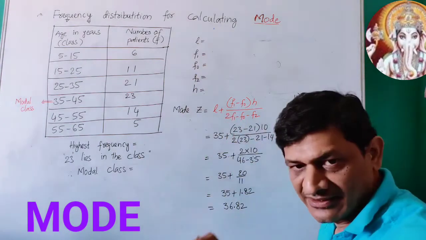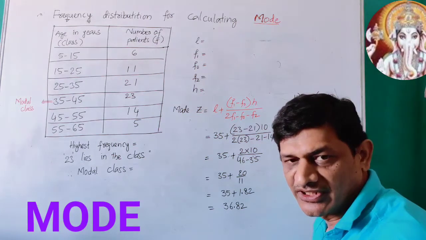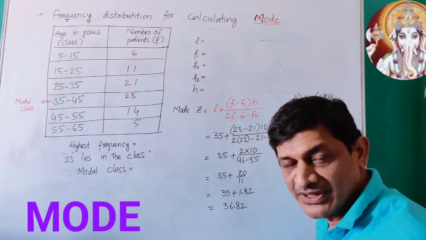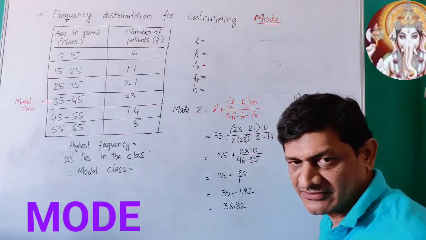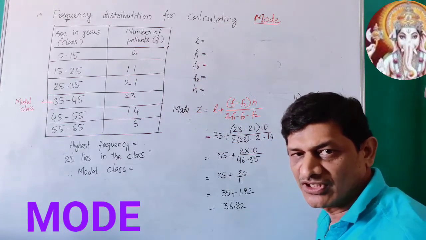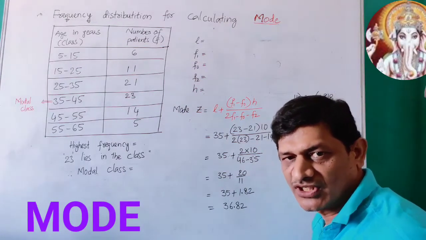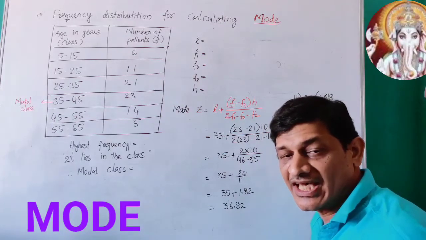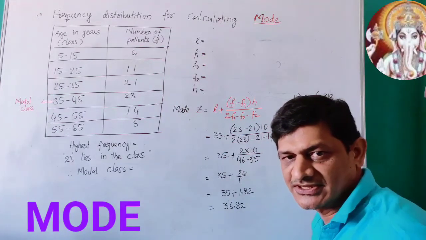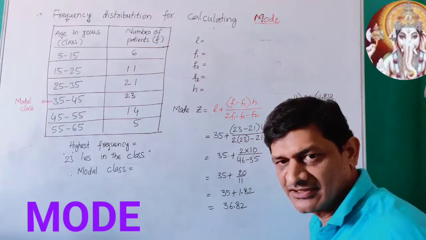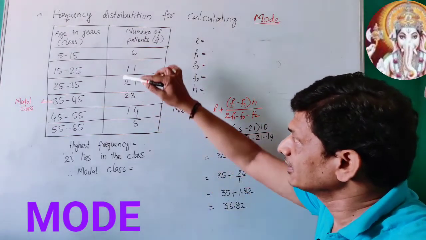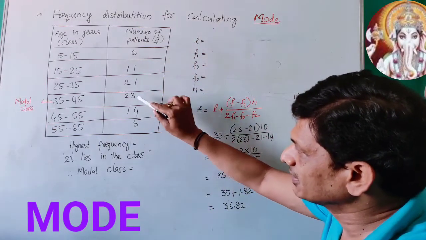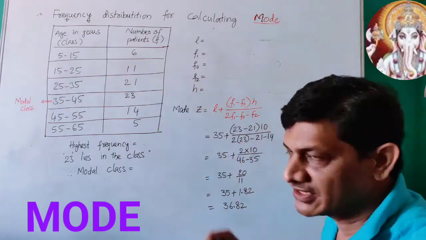First, the letter L. L means the lower boundary of the modal class. To pick the lower boundary of the modal class, first of all you have to find the modal class. The class having the highest frequency is called the modal class, isn't it? So pick the highest frequency. Among these frequencies, the highest value is 23.